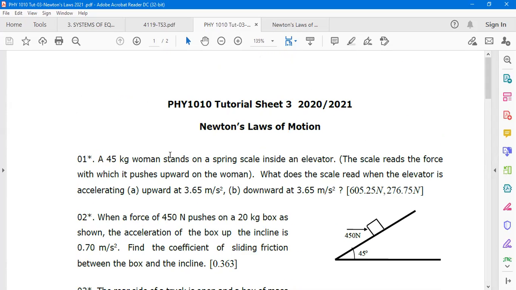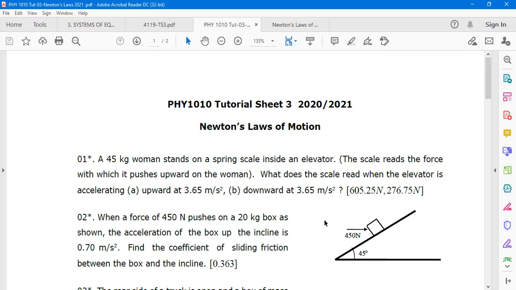transcends them all. Okay, question 1 says, a 45 kg woman stands on a spring scale inside an elevator. The scale reads the force with which it pushes upwards on the woman.